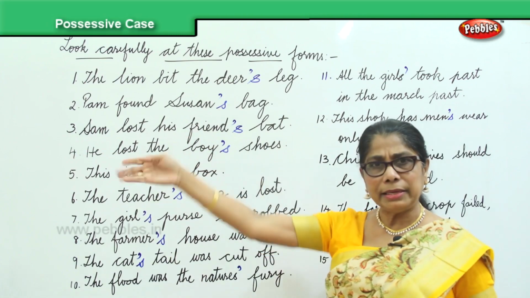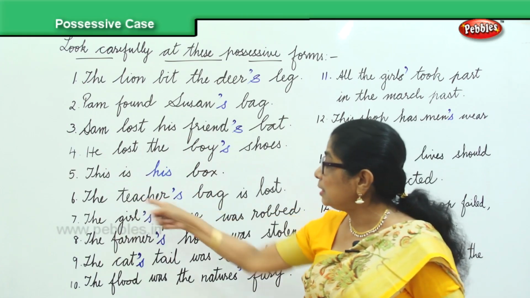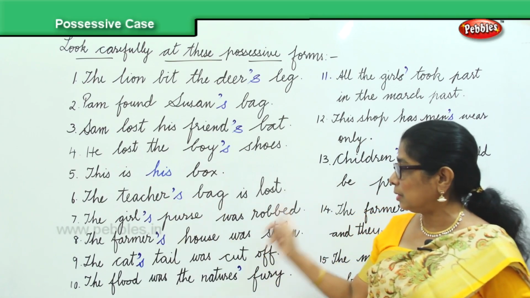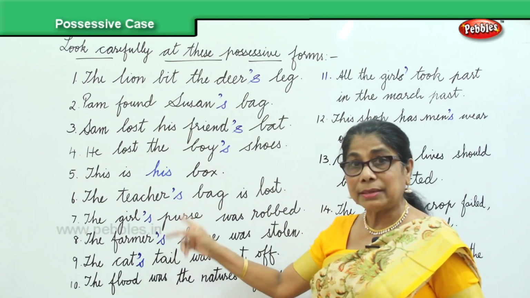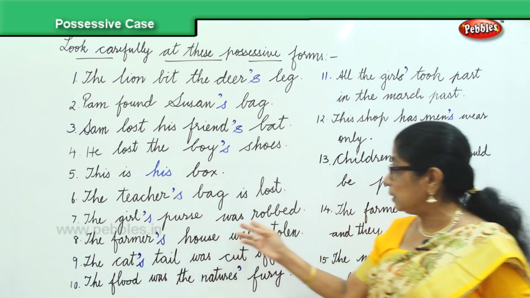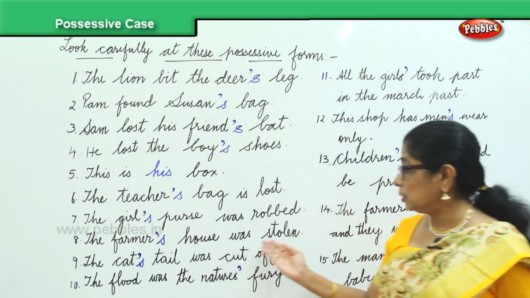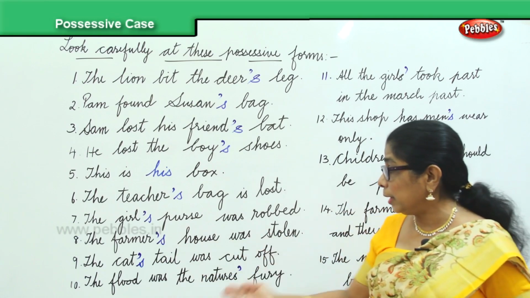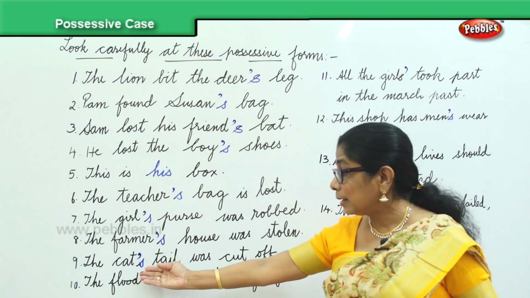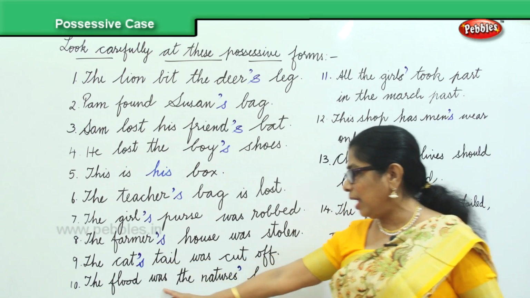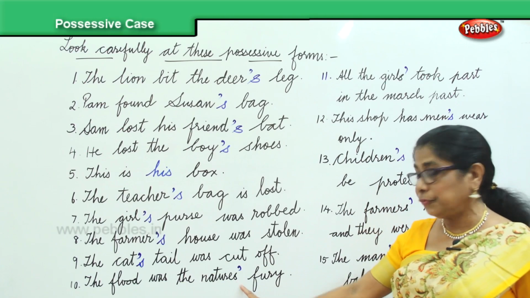This is his box. The teacher's bag is lost. The girl's purse. This particular girl's purse was robbed. The farmer's house was stolen. The cat's tail was cut off. Cat's tail. The flood was the nature's fury.